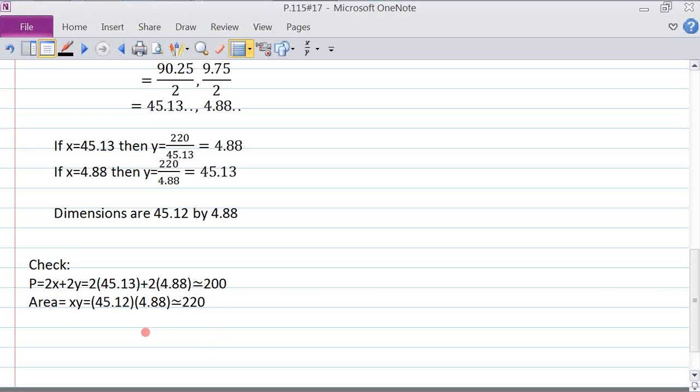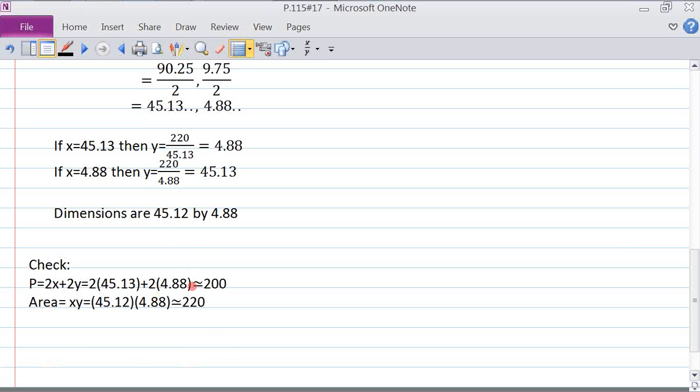And in this particular case, the x times the y, 45.12 times the 4.88 equals 220.